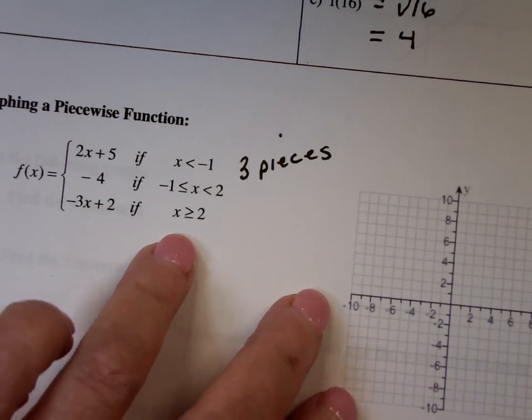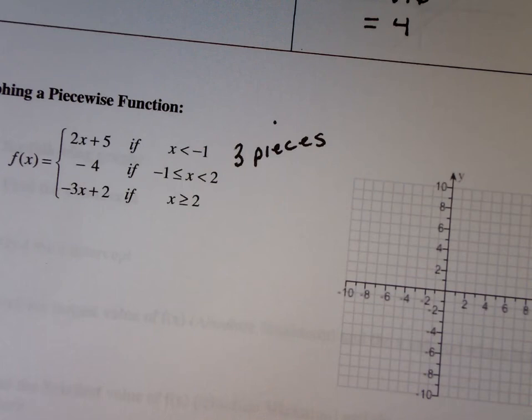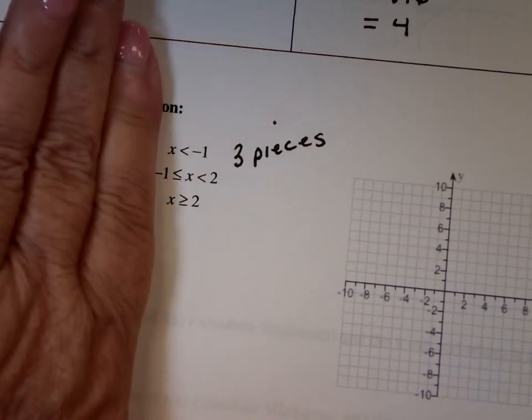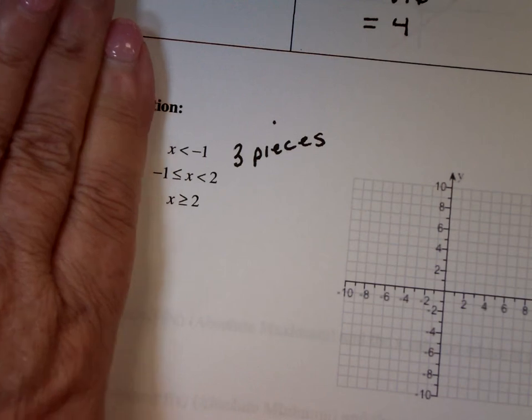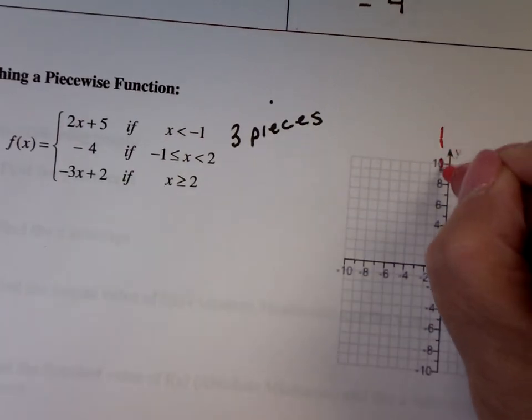So I take my handy dandy pen, and the first thing I do is take my graph paper, and since it's 3 pieces, I break my graph paper into 3 pieces. The first piece is going to be less than -1.